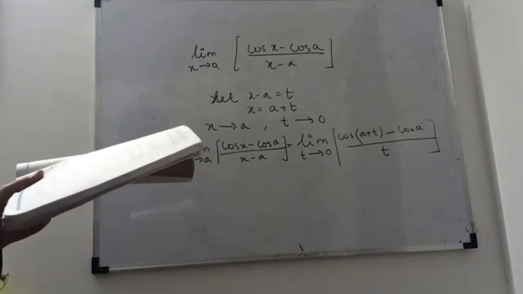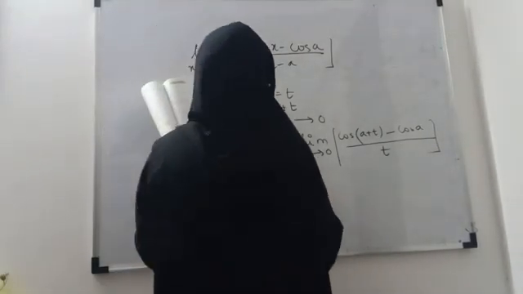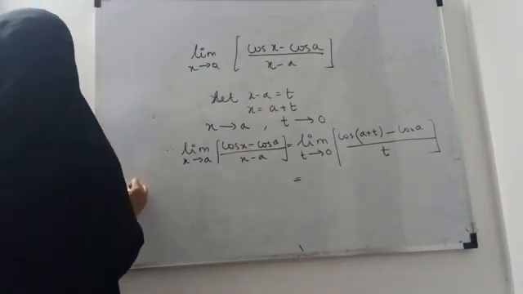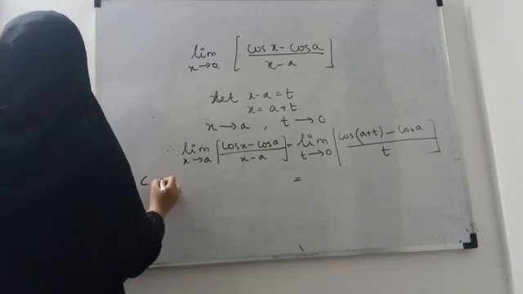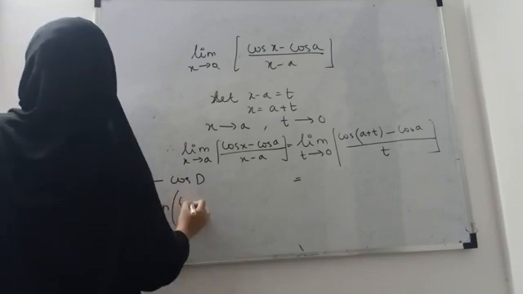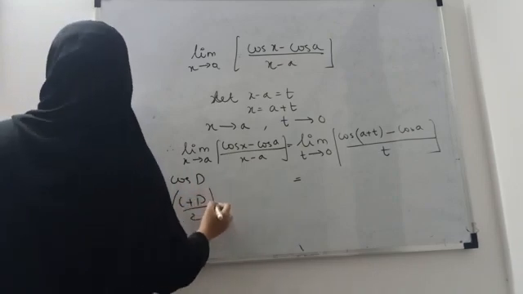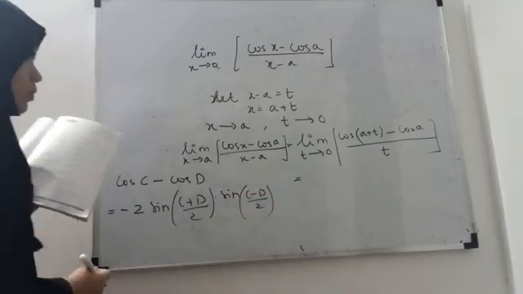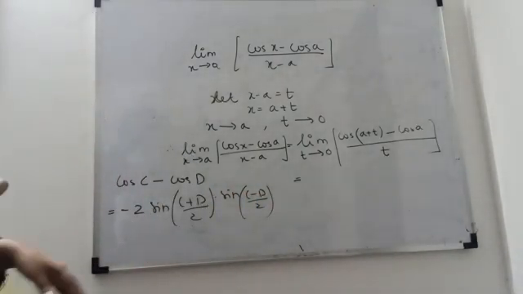Okay. So here we are using cos c minus cos d. The formula is minus 2 times sin of c plus d upon 2 into sin of c minus d upon 2. Okay. So we'll use this formula here.